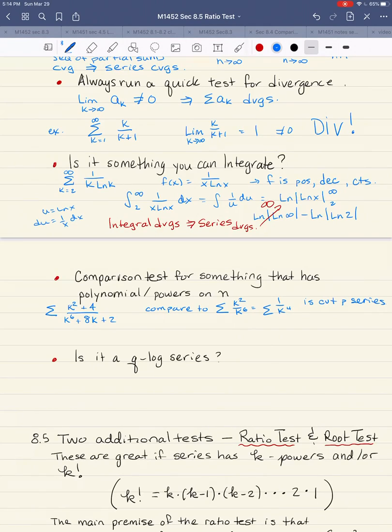I can do the direct comparison test or the limit comparison test. I'm going to do the limit comparison test, so I don't need to worry about the sign. Remember that in the limit comparison test, if the limit of the a_k's over the b_k's is a positive finite limit, then both do the same thing.